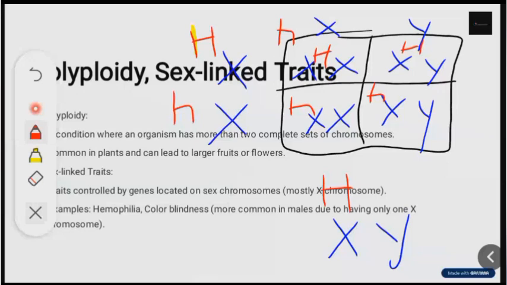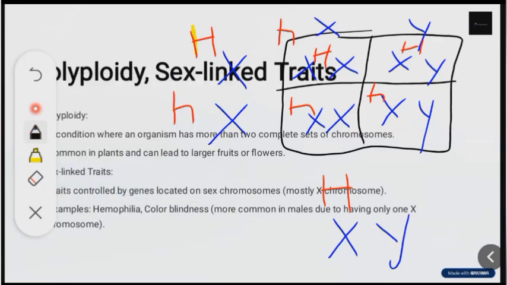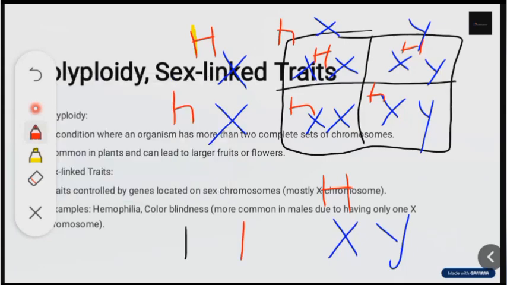So there is 50% chance for the boys. Let's use ratio. We have one normal male and one exhibiting hemophilia. So the two of them are two boys.